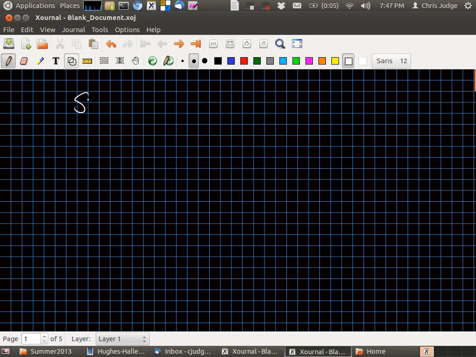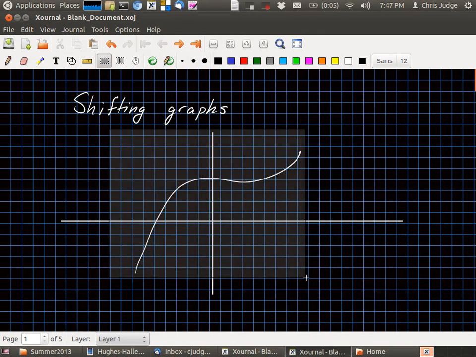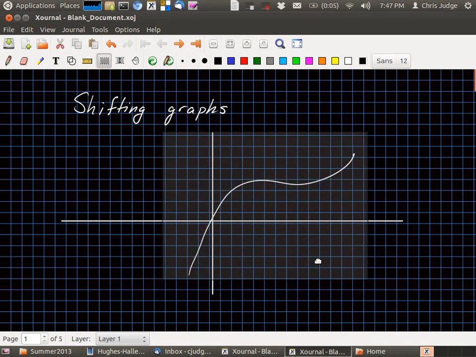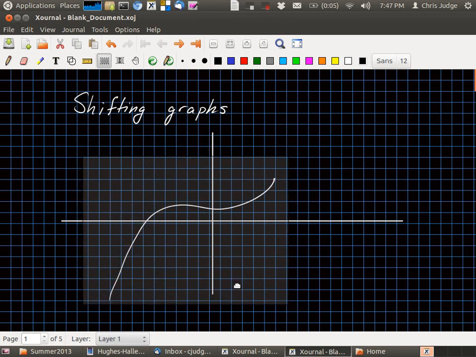Here we're talking about shifting graphs. Here's a graph. And when I say shift, what I mean is exactly this, shift. So we can shift to the right, or we can shift to the left, or we can shift up, or we can shift down.